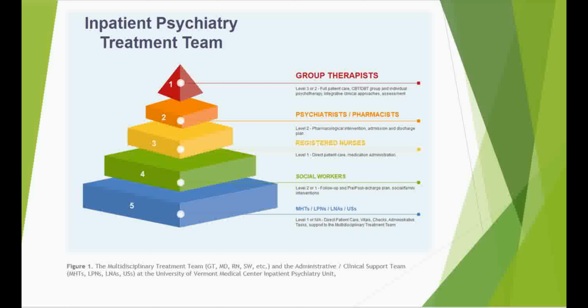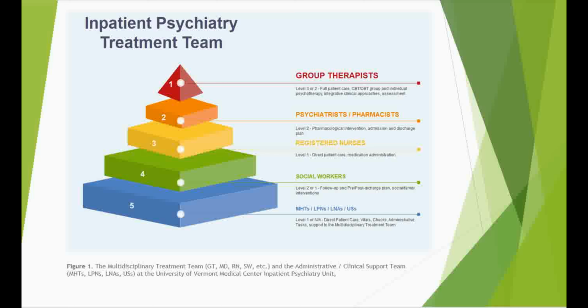So as far as the level in this model here, we define group therapists as level 3 or 2, which generally speaking indicates a master level or above. So level 3, a doctorate degree, or level 2, at least a master degree. And they are responsible for a full patient care, standard psychotherapy intervention.